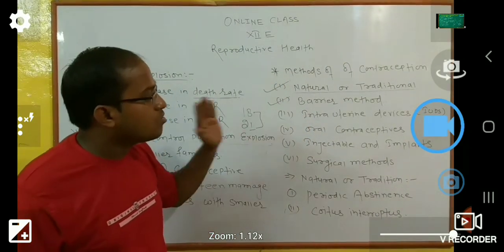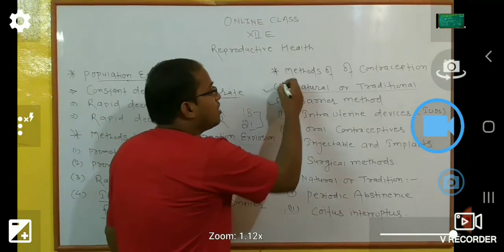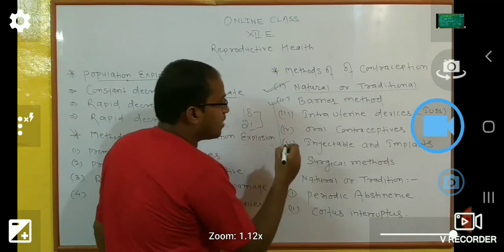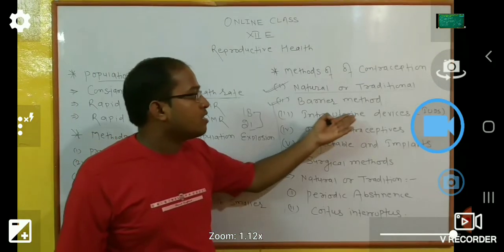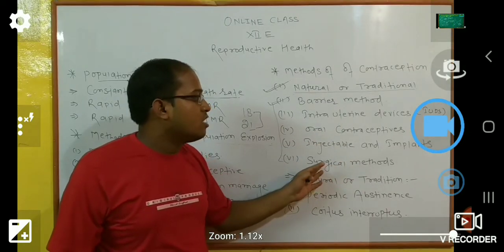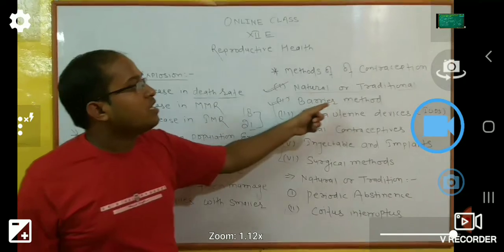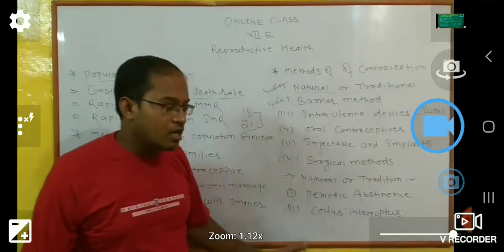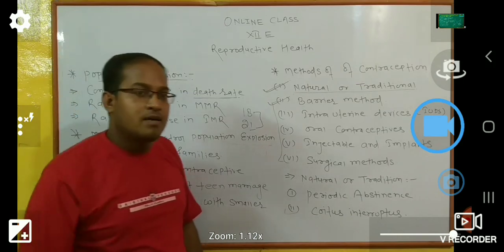Only the first one is natural, and all the other 5 are generally artificial. Barrier, intrauterine, oral, injection and surgical methods are all artificial methods, and only the first one is natural or traditional. Apart from this, the remaining topics we will discuss in the next class.